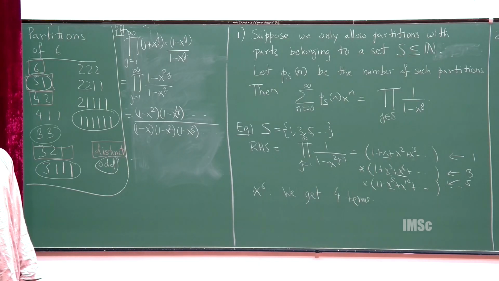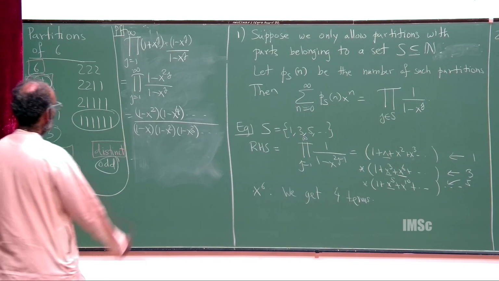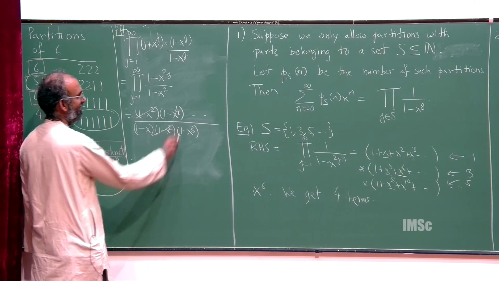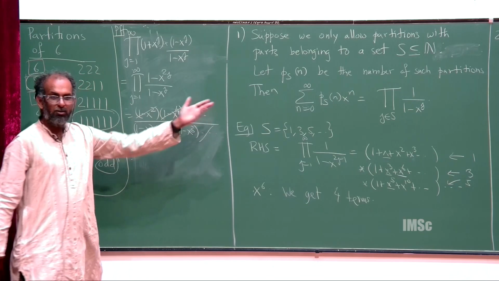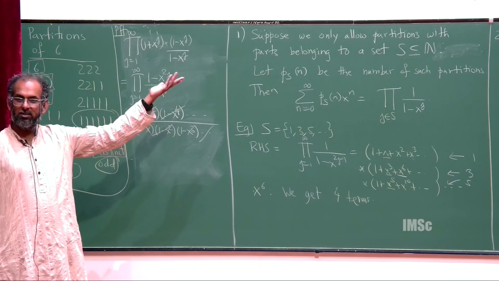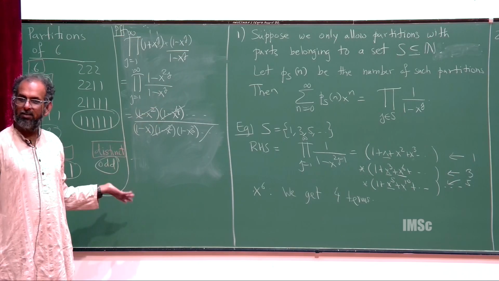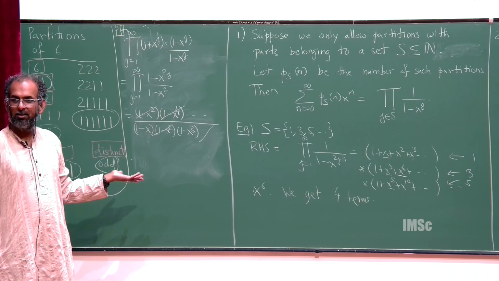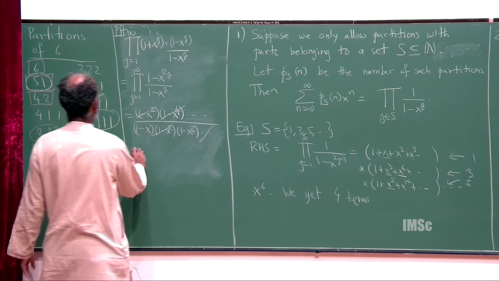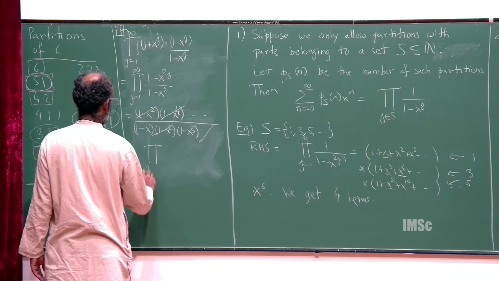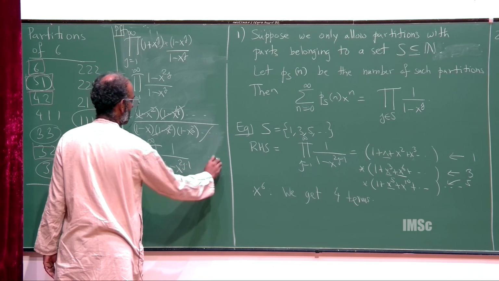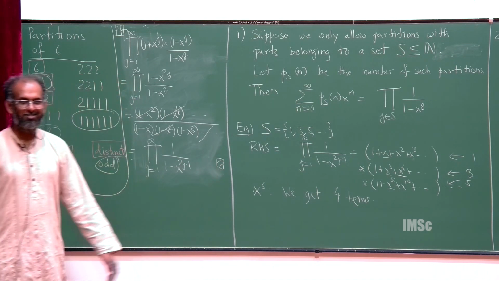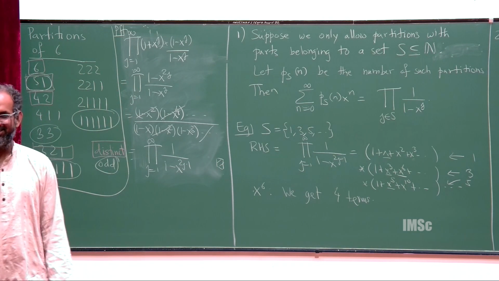Can I cancel some things? What can I cancel? All the even powers I can cancel. Here this will cancel with here and so on. So in the numerator you will be left with nothing, all the factors are cancelled. And what is left in the denominator? Odd powers. This is product j equals 1 to infinity 1 by 1 minus x to the 2j minus 1. Finished. End of proof. Essentially 2 lines.